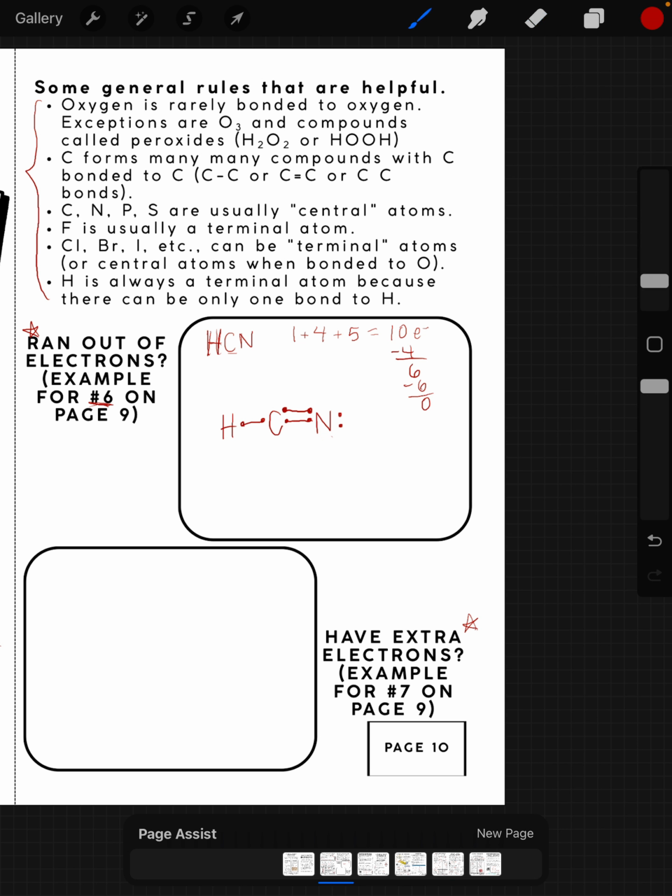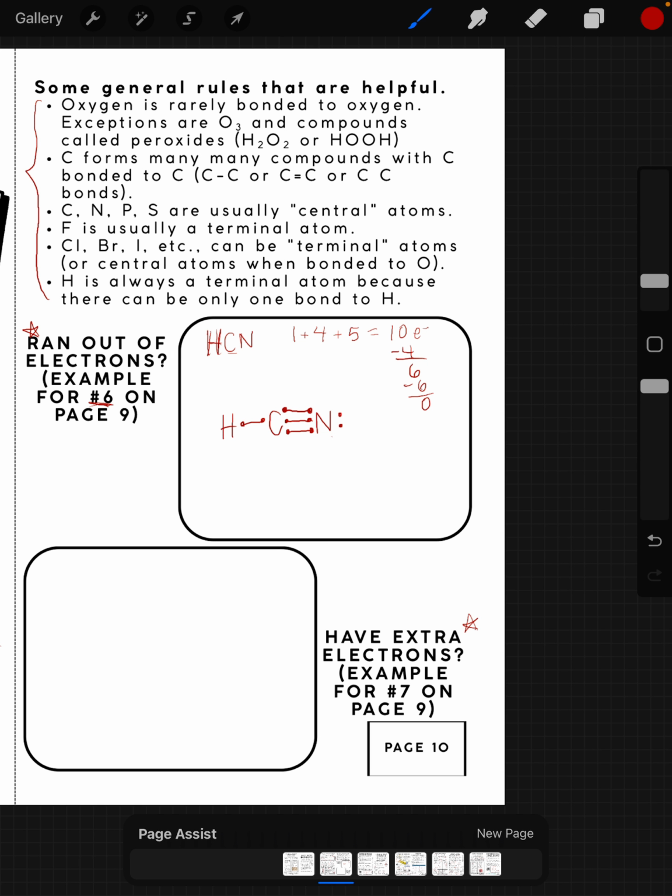I'll just scoot my electrons over so we can share them. And when he does that, look, nitrogen still has access to 8 valence electrons, right? 2, 4, 6 in the middle right here, and then 2 on the right. So he's happy. He's stable. And I look at carbon, and look, carbon has 2, 4, 6, 8. He has access to 8, so he's happy too.